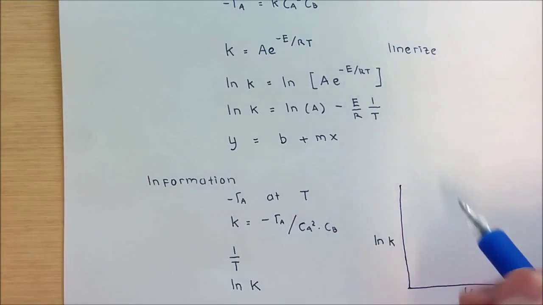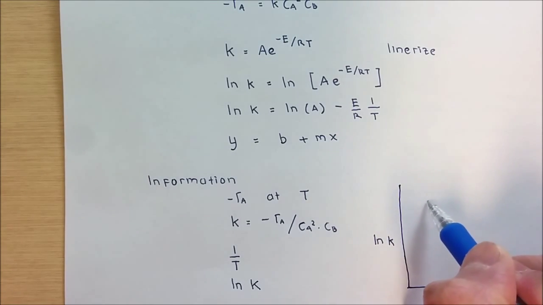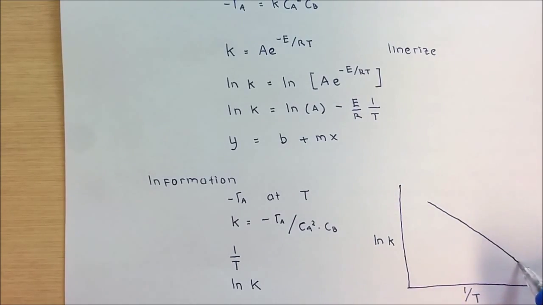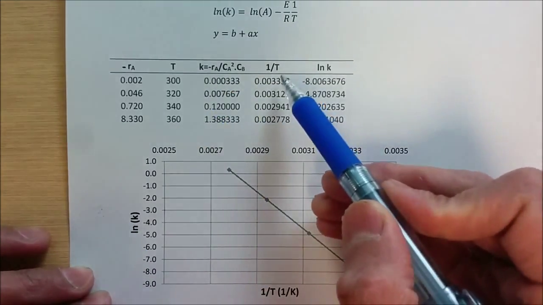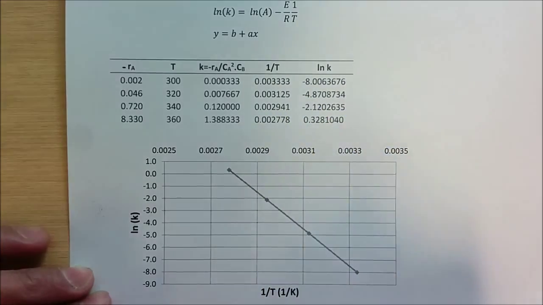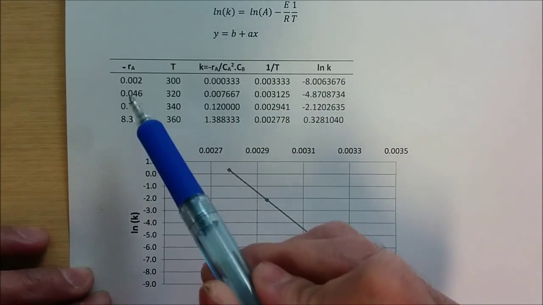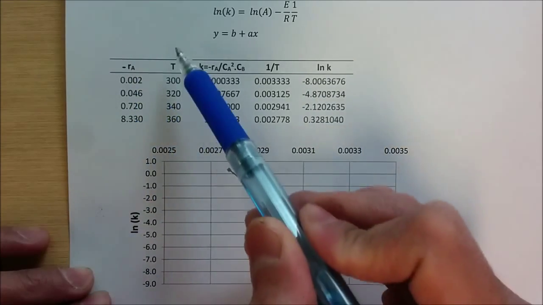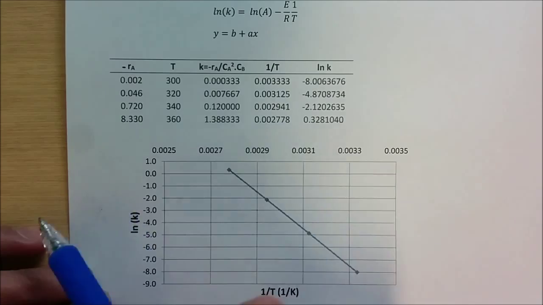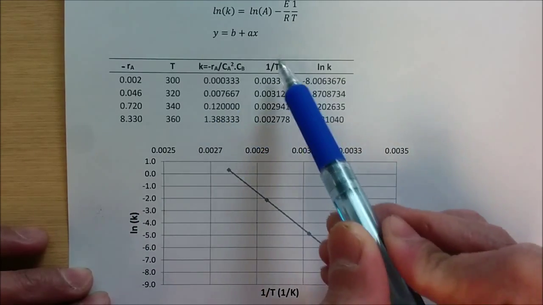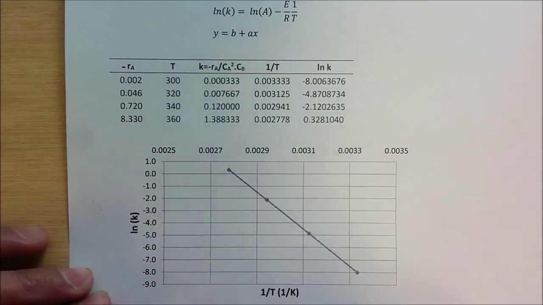Based on my calculation, we will have a line that looks like this. I put the calculation of k, 1 over T, and ln k in the Excel. We previously had these two data, which are minus rA and T, so we get the value of 1 over T and ln k.